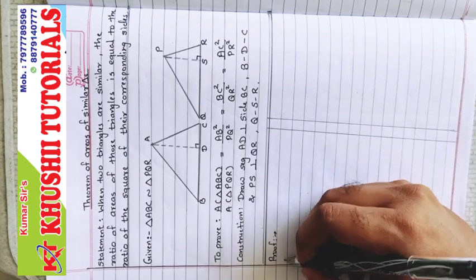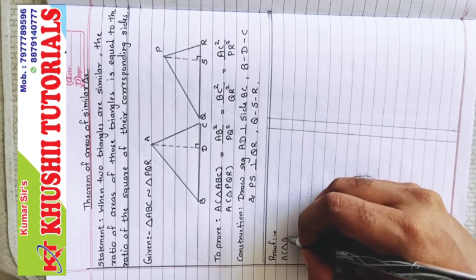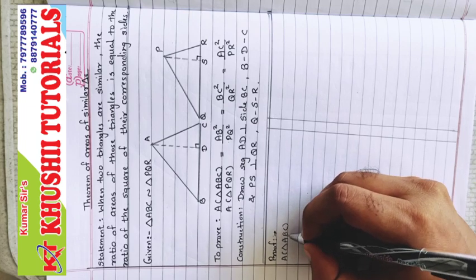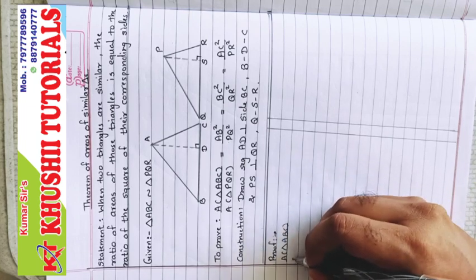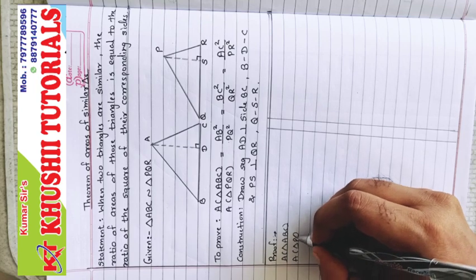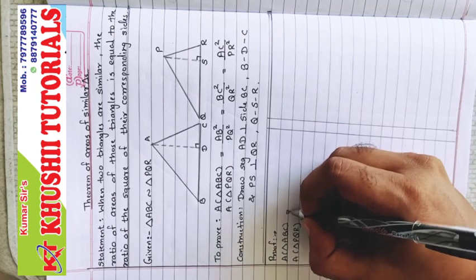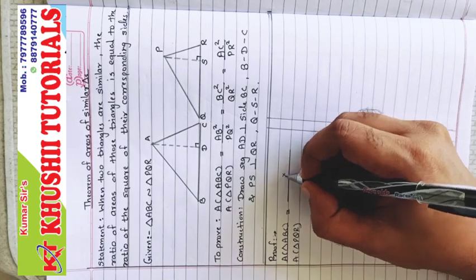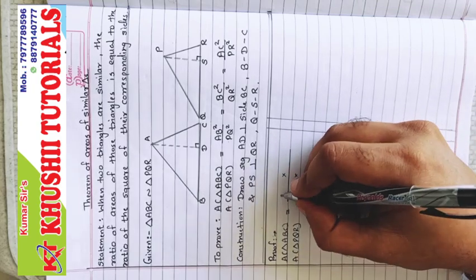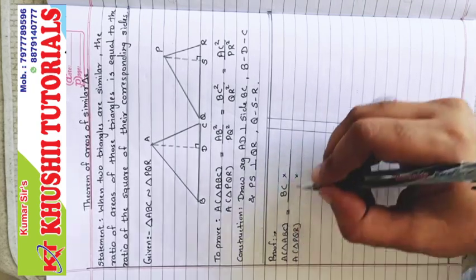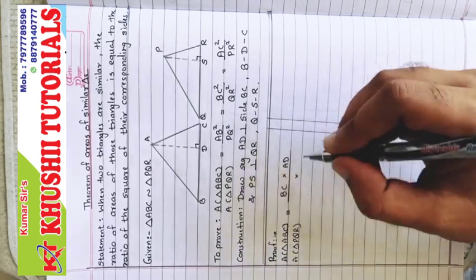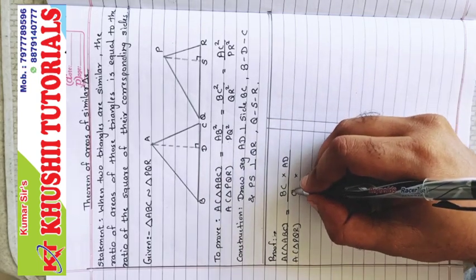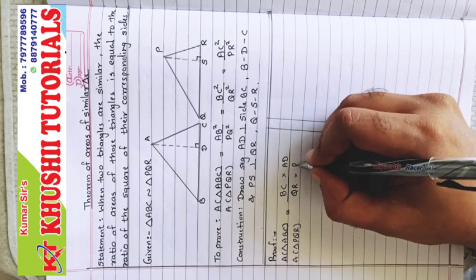So proof: area of triangle ABC upon area of triangle PQR equal to the product of base and height, BC into AD upon QR into PS.